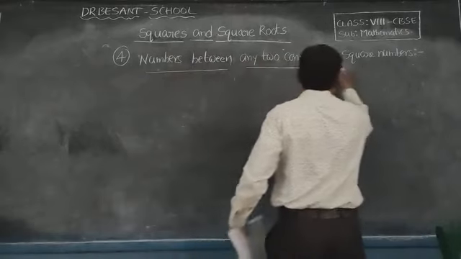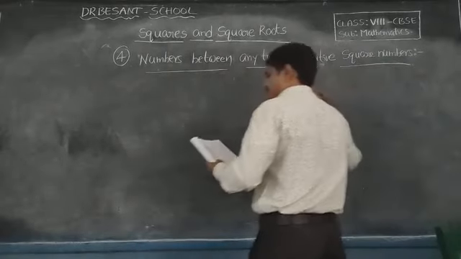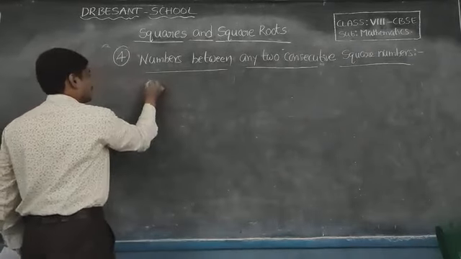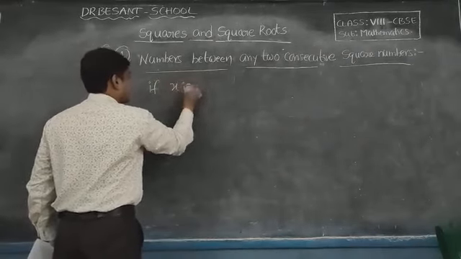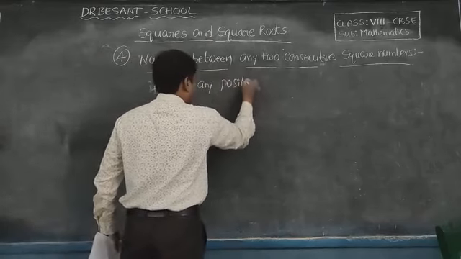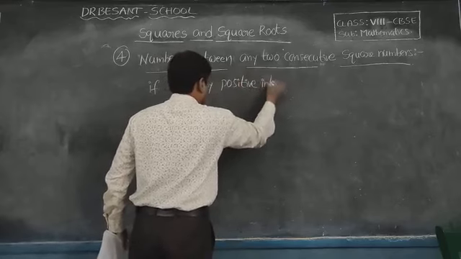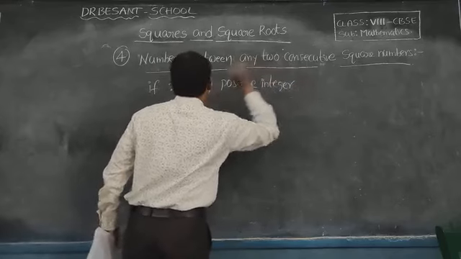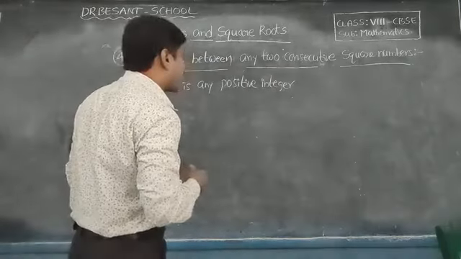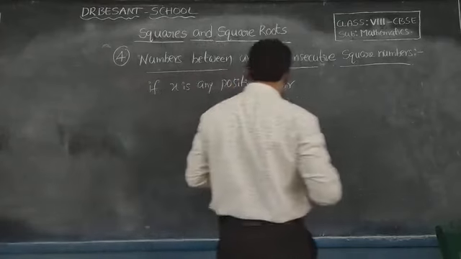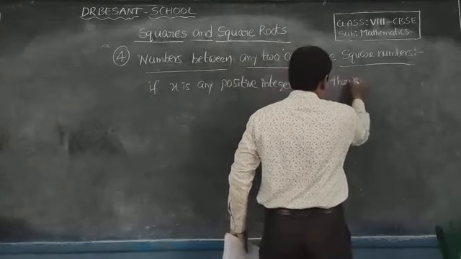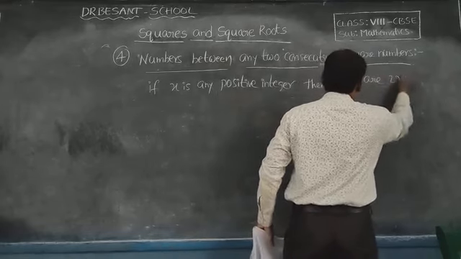Okay, so if x is any positive integer, then between two consecutive square numbers there are 2x numbers.